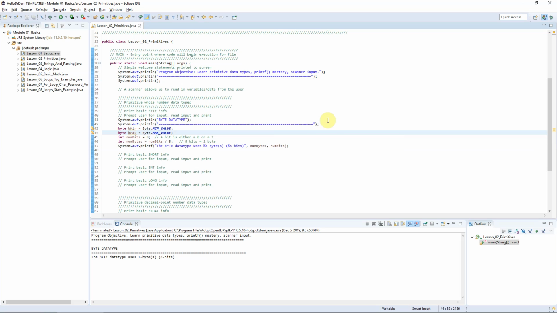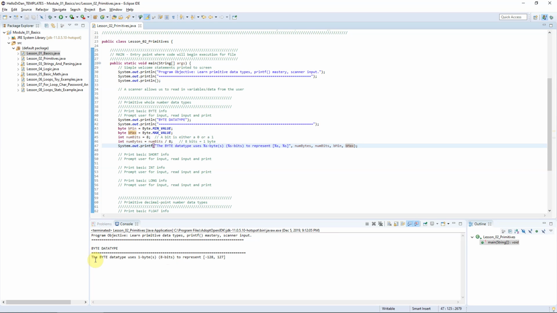Now I can say the byte data type uses 1 byte, 8 bits, to represent, and I'll start this off easy and put %s, %s. Then I'll replace the first %s with bmin, and the second one with bmax.